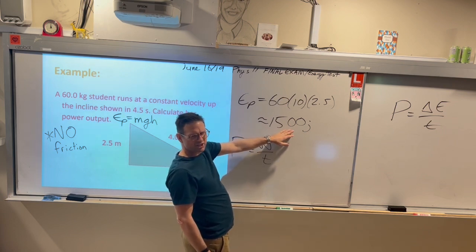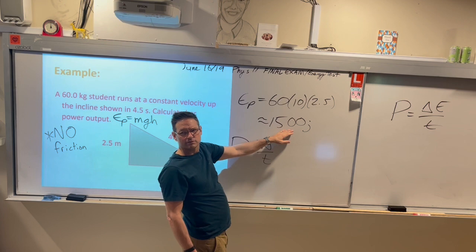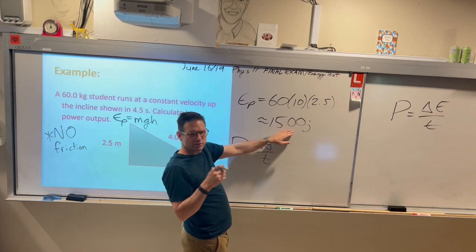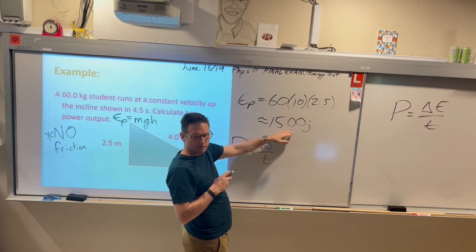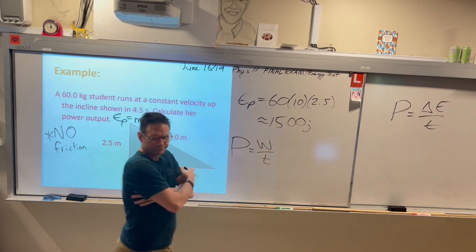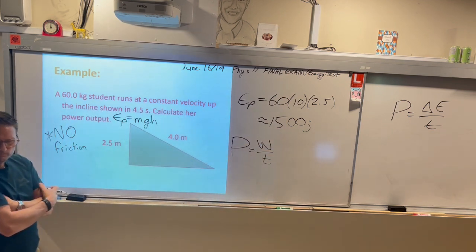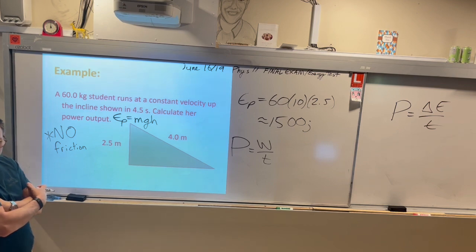How come this is the change in energy? Isn't this just the potential energy of her at the time? Kinetic energy is potential energy. Because kinetic energy and potential energy are always going to equal the same. Okay, sure.